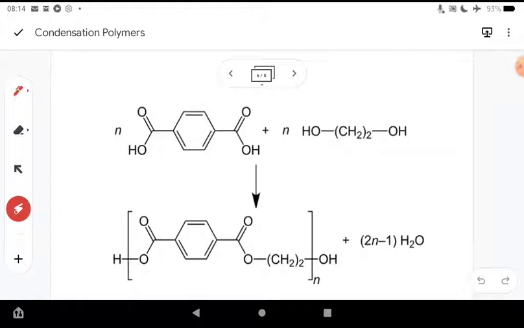To spot this, you're looking at the double bonded oxygen. If the double bonded oxygens are on the inside of the other group you're looking for, in this case oxygen, and for amines it's nitrogen, so it's oxygen, double bond oxygen, double bond oxygen, oxygen, then you've got two monomers.